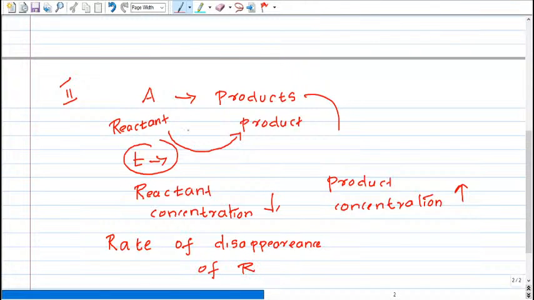It is called reactant, so this A I can replace by R. So rate of disappearance of R, that is A, the reactant, is equal to, you have to write down this formula, minus dR divided by dt. We can also say it like this: minus delta R by delta t.